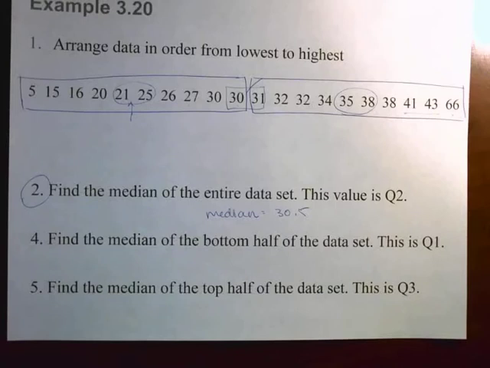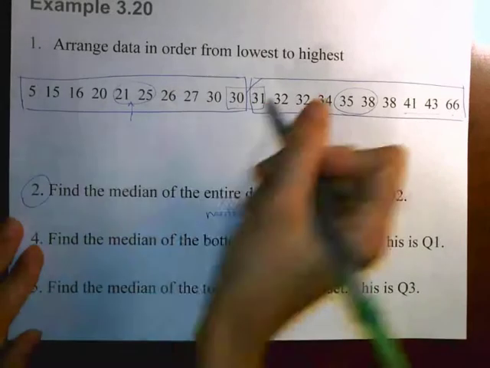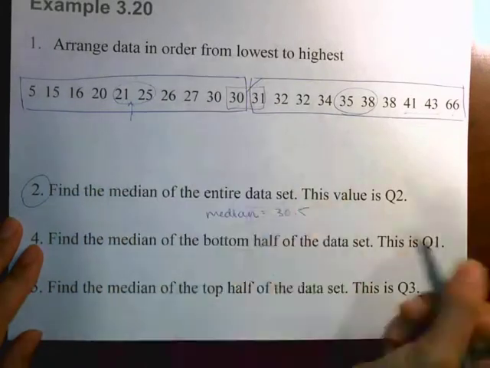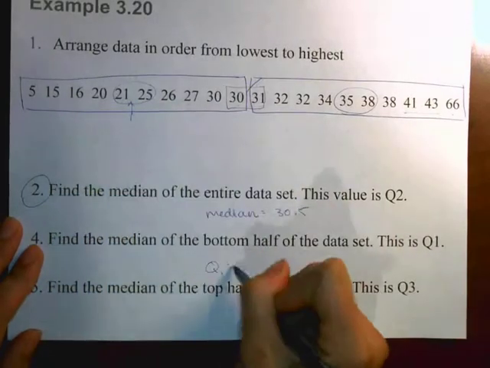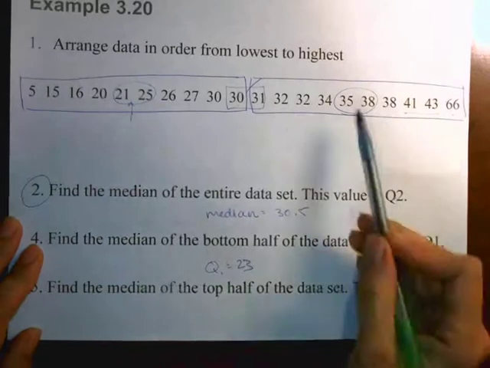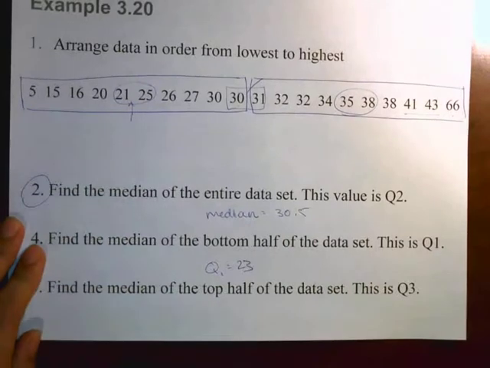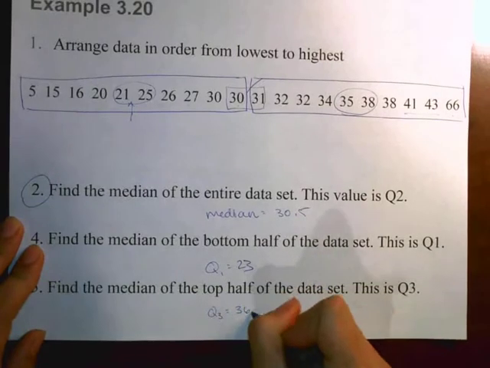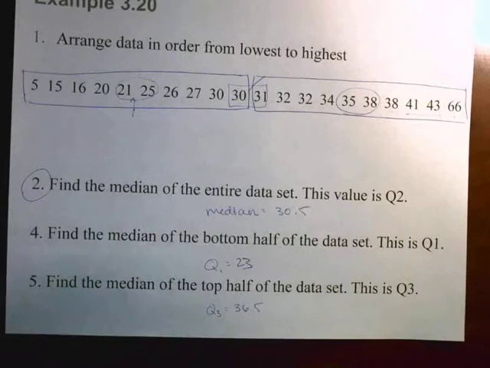So those are our quartiles, and now we need to do the 5-number summary. I guess I should actually write this. Halfway between 21 and 25, that's 23. So Q1 is 23. And halfway between 35 and 38 is Q3, and that is 36.5.